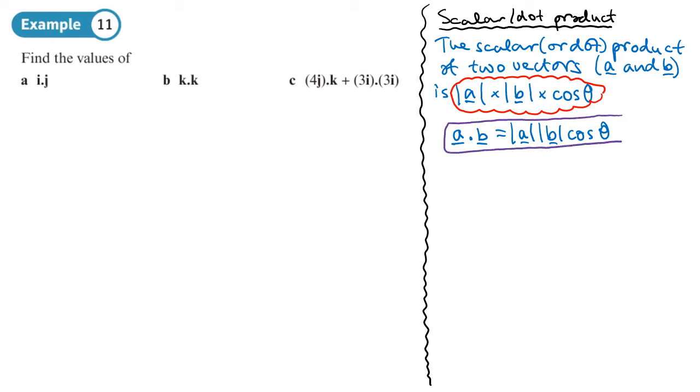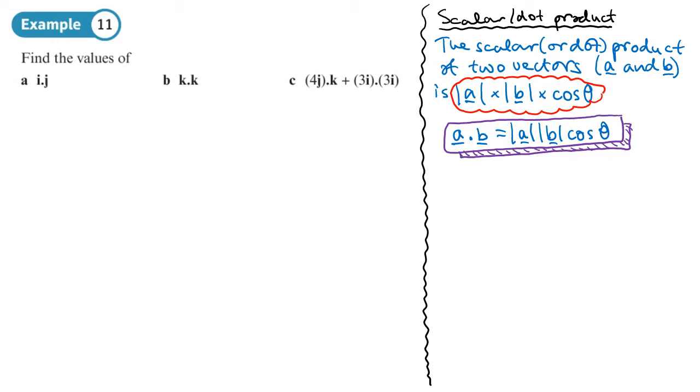So the bit that's the actual dot product is the bit on the left hand side where we've actually got the dot. So we'd say A dot B equals modulus of A times by the modulus of B, or the length of A times the length of B, times by the cosine of the angle between them.